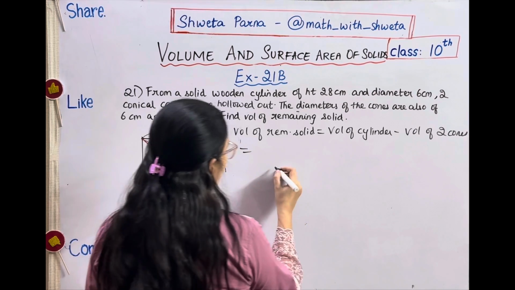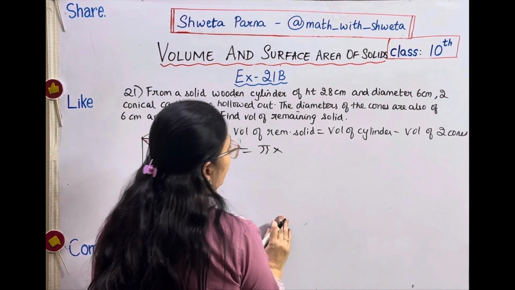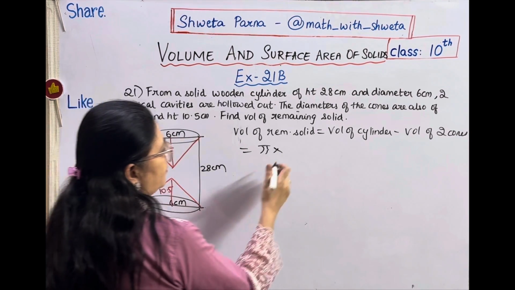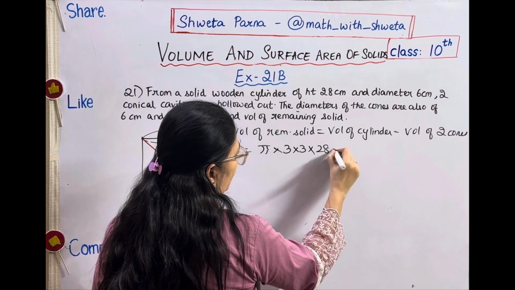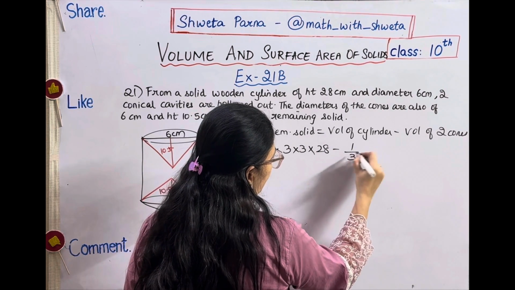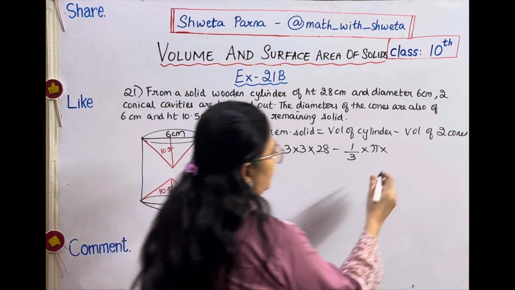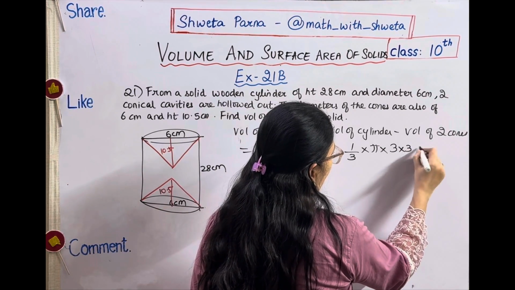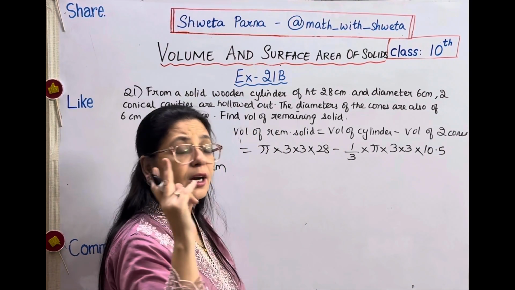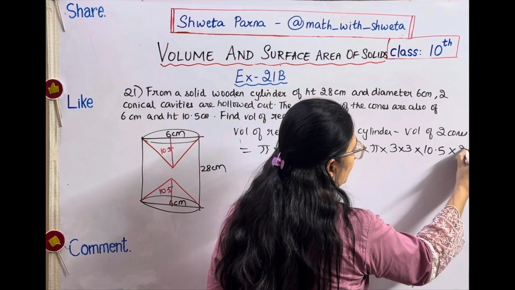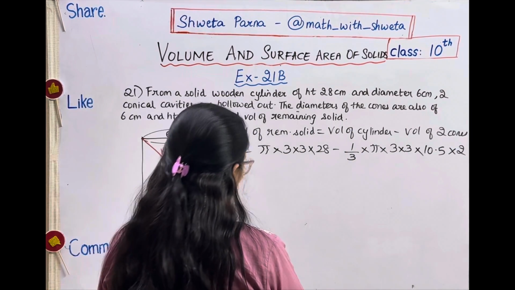So volume of cylinder, the formula is pi r square h. So pi into radius. What is the radius? Radius is 3. So 3 into 3 and height is 28, minus 1 by 3 into pi into r square. Radius is same, 3 into 3, and height is 10.5. Now since there are two cones, you will multiply here with 2.